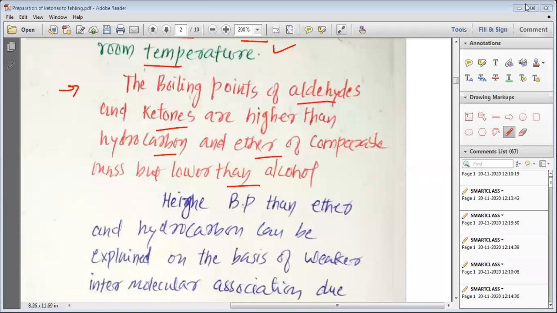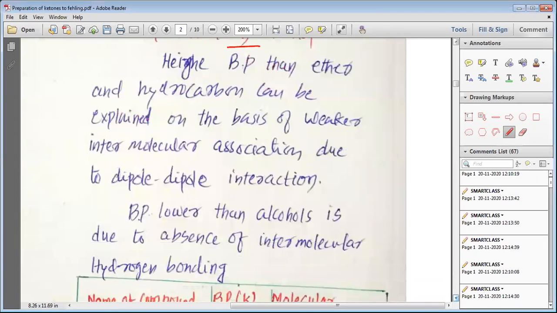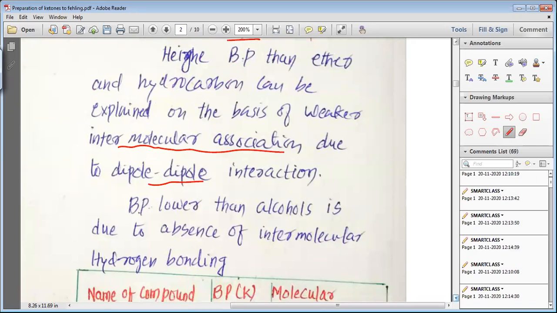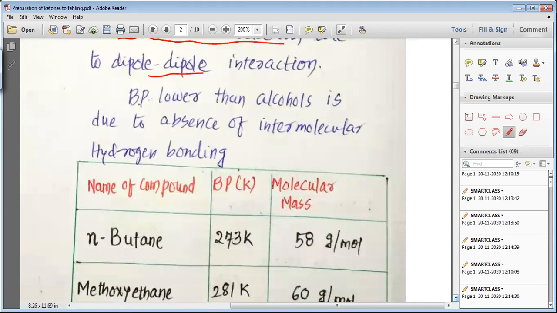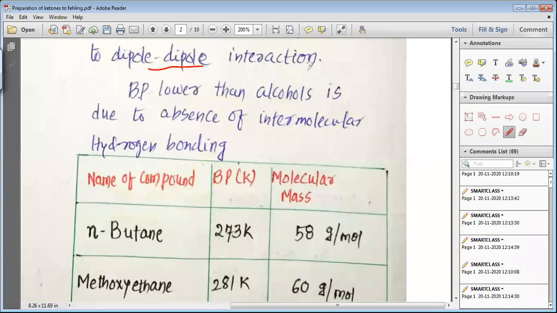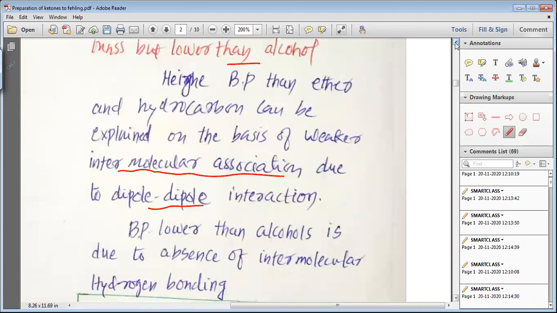The higher boiling point than ether and hydrocarbon can be explained on the basis of stronger intermolecular association due to dipole-dipole interaction. So, my dear students, in aldehydes and ketones we have dipole-dipole interaction, and because of that they have a higher boiling point than ether and hydrocarbon.